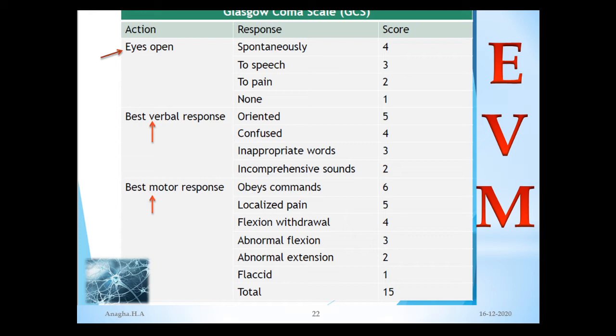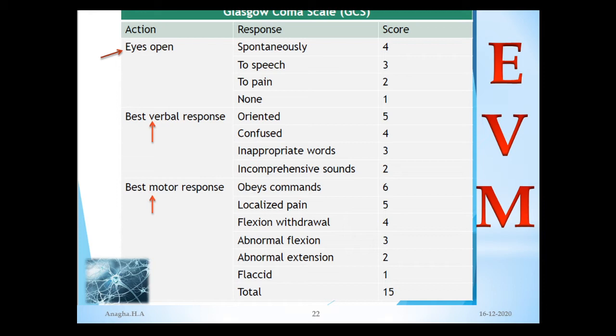Anything below 7 to 8 is considered to be abnormal and there are some serious issues within our nervous system. Anything more than that, like higher than 8, is said to be okay. So eyes open spontaneously, you give 4 score. To speech, if he or she opens the eyes to speech, we give a score of 3, to pain 2, none 1.